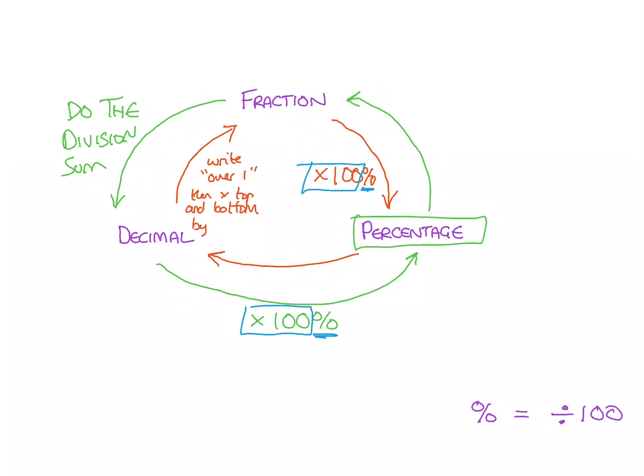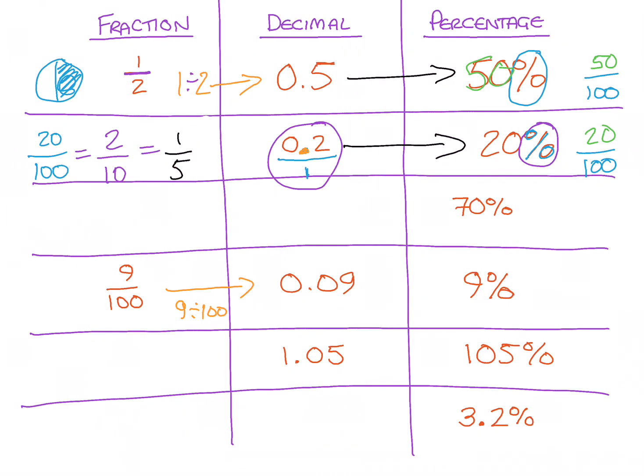I'm just going to put here by tens until the decimal disappears. And as soon as you've done that, you will have a fraction. Whether or not it can be simplified afterwards depends on the fraction you end up with. So we times top and bottom by 10, we got 2/10, it can simplify. But whether you have 20 over 100, 2 over 10, or 1 over 5, they're all fractions, so you're winning either way.